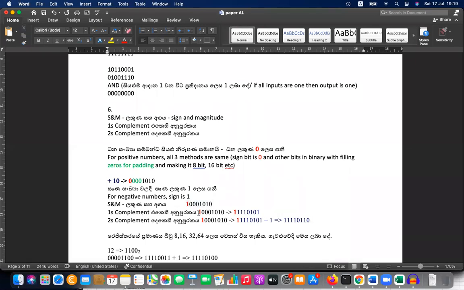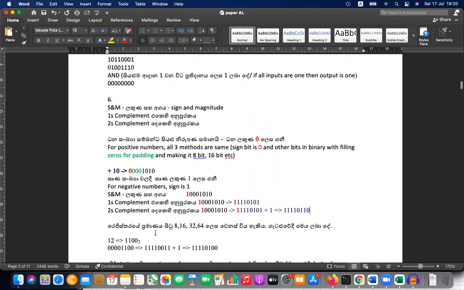In ones complement, the sign is the same negative sign, but the value you have to invert, flip it. So 0001010 will become 1110101 here. In ones complement, you keep the same negative sign and invert the magnitude part. Then you get the ones complement. And if you add 1 to the ones complement, you will get the twos complement. So after finding the ones complement, if you add 1, you'll get the 2's complement.